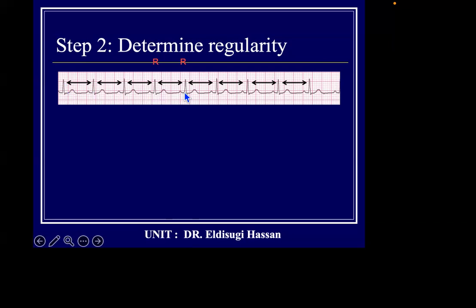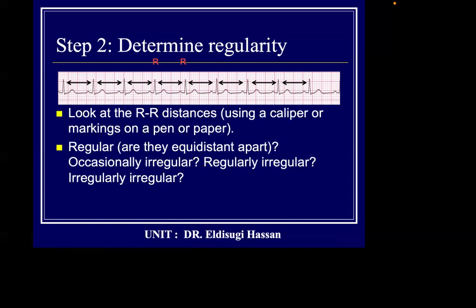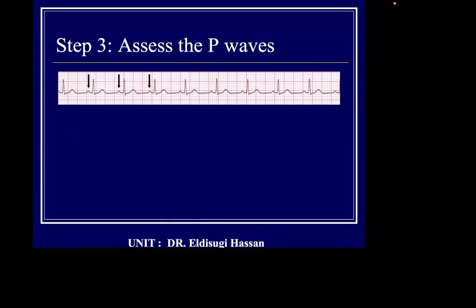Any irregularity will be very clear from the ECG rhythm. So you have to map. Everyone should map. You shouldn't look to the ECG and say the ECG is regular without mapping. You have to map with a paper and a pen. So this ECG is regular by mapping the distance between the R and the R wave.